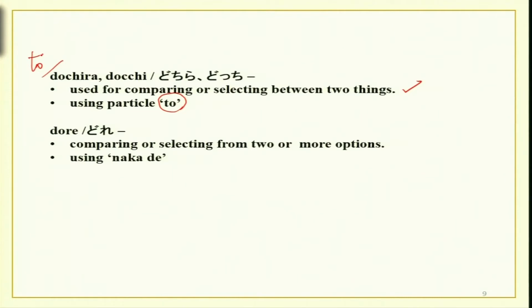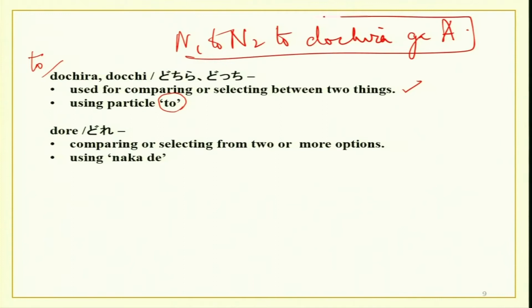That is the construction. Noun 1 to, noun 2 to, dochira ga adjective. This is the pattern. Try to make more sentences with this, and this we are going to do just now in our next slide. Do, dochira, dochi and dore mean the same.